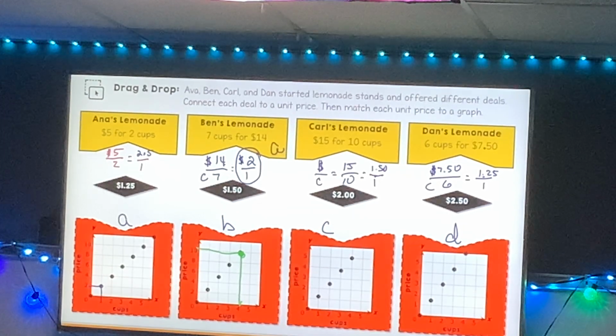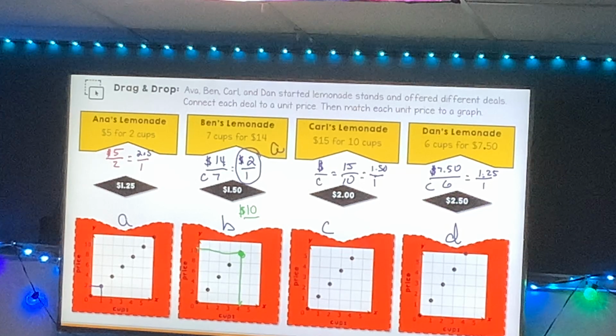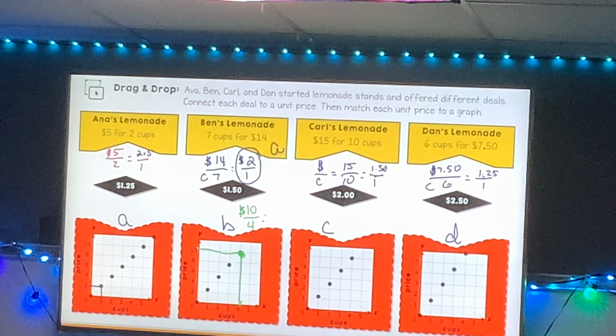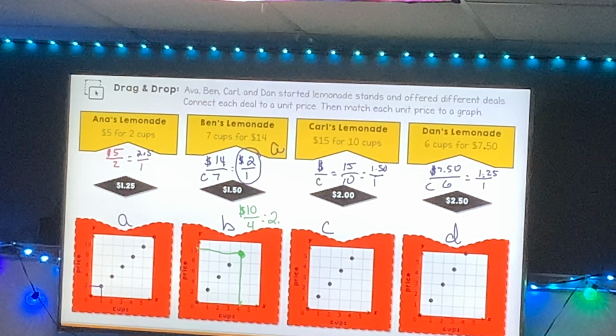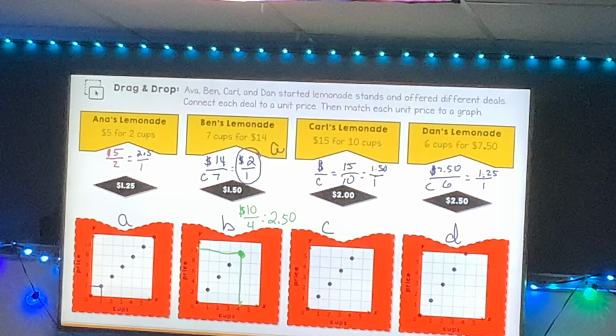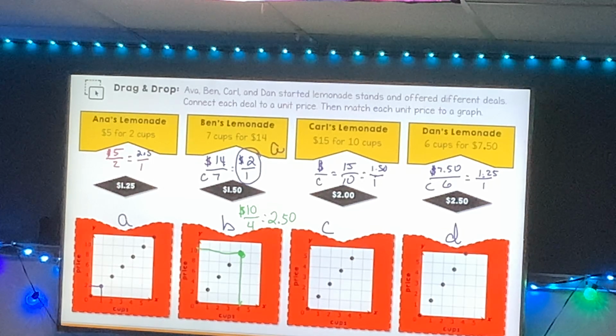So I need to figure out how much 1 cup is on that one. So we have $10 for 4 cups. How much would that be per cup? $2.50. So whose graph is that? Anna's.